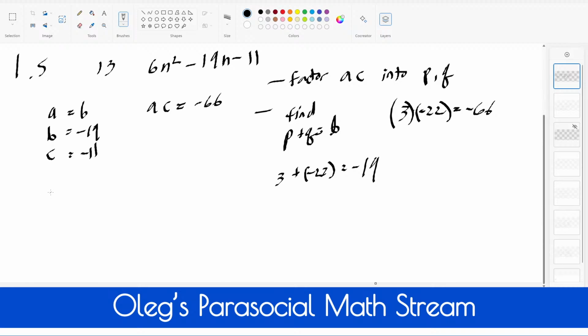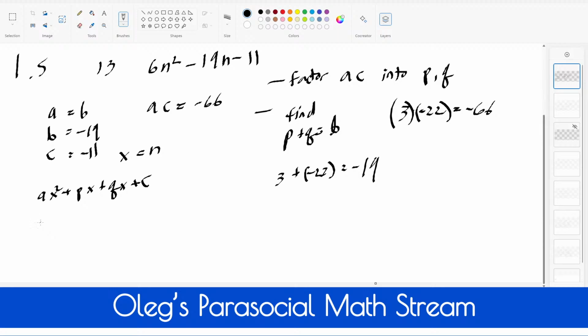Now, we need the form. We're going to say ax squared plus px plus qx plus c. So, now, the x is equal to n, okay? So we're going to fill that in.